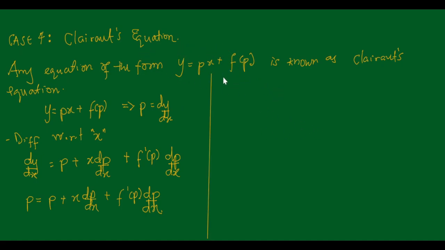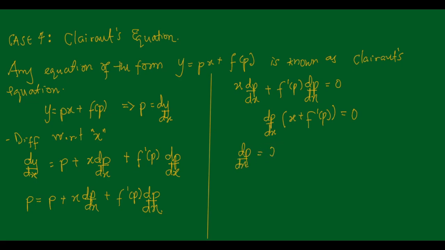On eliminating p, we have x dp/dx + f'(p) dp/dx = 0. On factorizing, we have dp/dx multiplied by (x + f'(p)) equal to 0. This means dp/dx is equal to 0, and just as we did that time, on integrating, you have p equal to c.